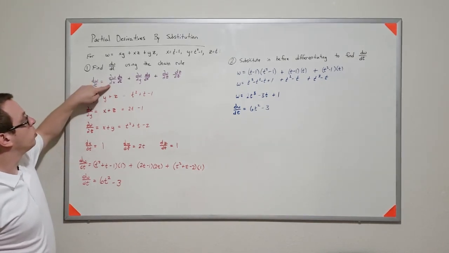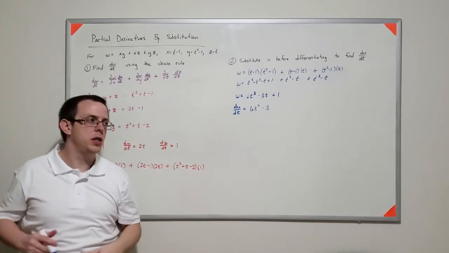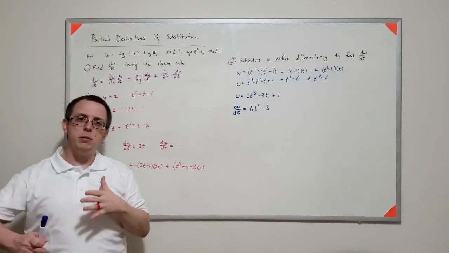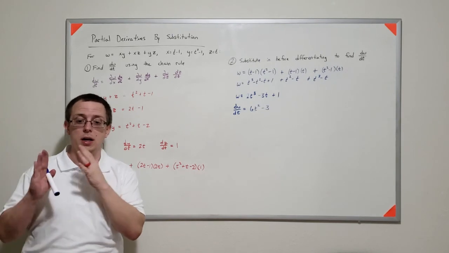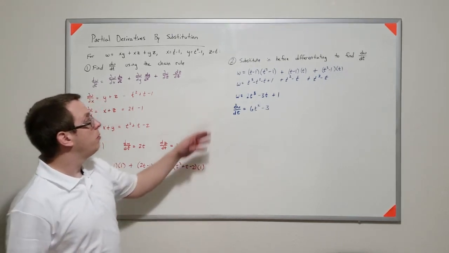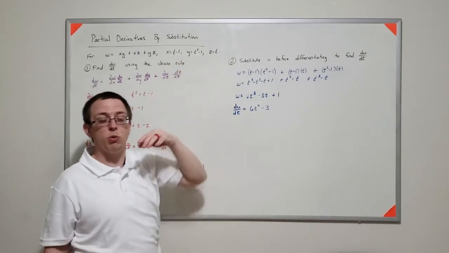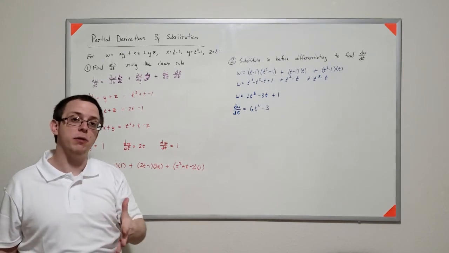Like your partial with respect to x, if there was a bunch of y's and z's, it just falls out to 0. You still maybe have to take care of it over here, but a lot of times it's practice and intuition. You go, okay, that's definitely easier to differentiate versus maybe doing it over here, where if these functions were really nasty in t, you'd prefer not to have to differentiate those.